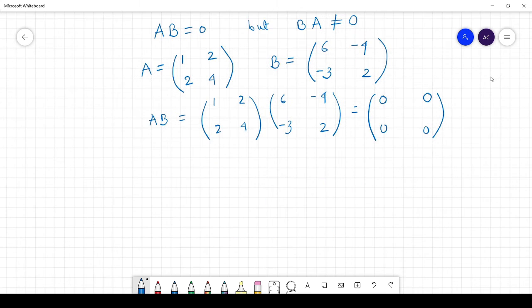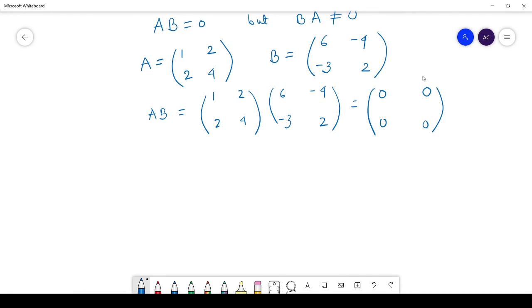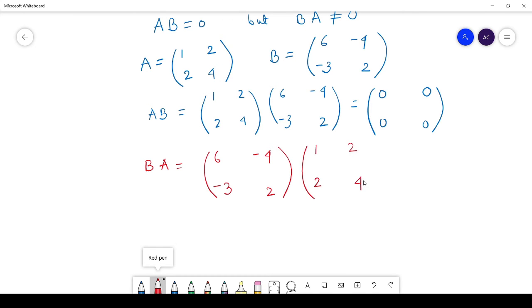Now what about B into A? Let's calculate this. B into A is just the opposite: 6, minus 4, minus 3, 2 times 1, 2, 2, 4. First 6 minus 8, that is minus 2, 12 minus 16 is minus 4, minus 3 plus 4, minus 6 plus 8.